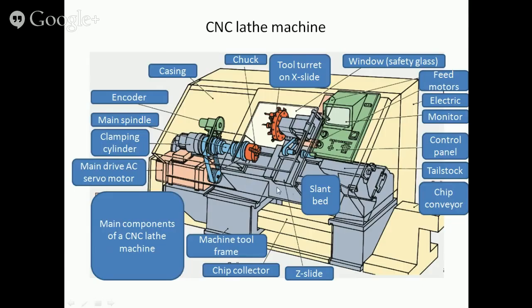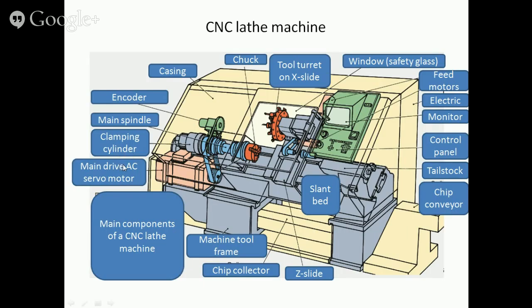The slant bed is fixed to the machine tool frame. The bed is slanted or inclined so that the chips which are produced when turning can fall into the chip collector from where they are removed by a chip conveyor in this case.